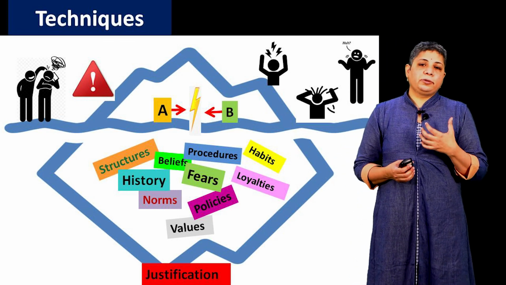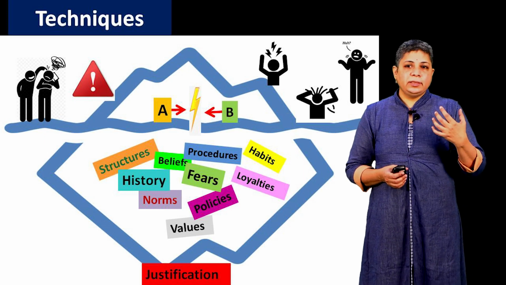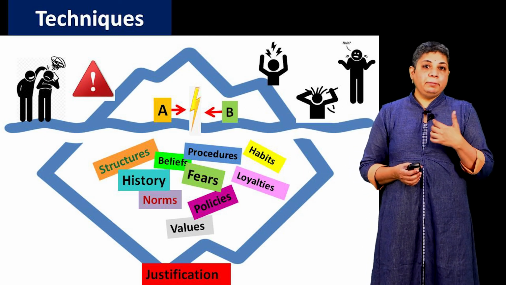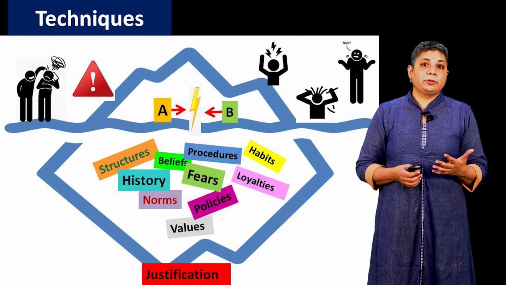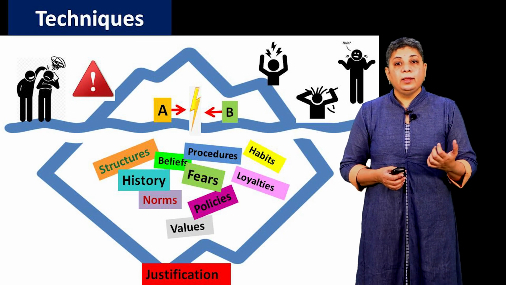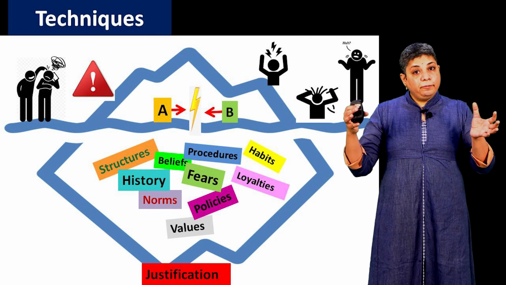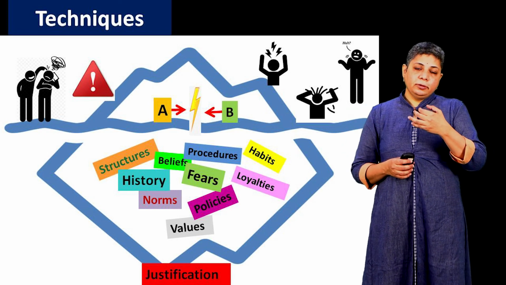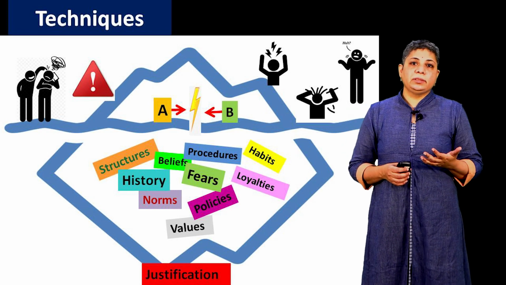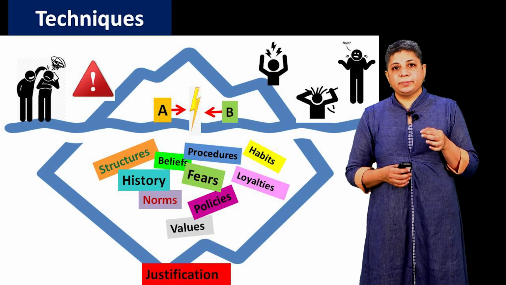So there could be anger, there could be frustration, there could be henpecking, there could be disorder, there could be a perception of harm, all these that are visible. But when you look underneath, just like in most situations, this is only the tip of the iceberg.